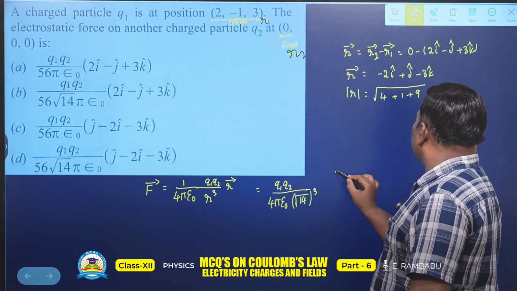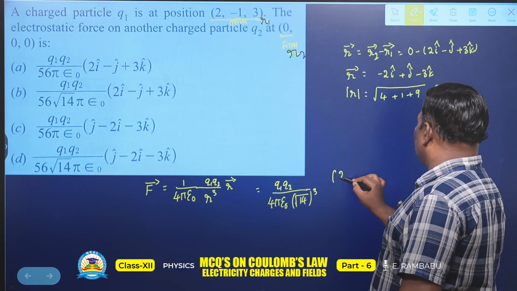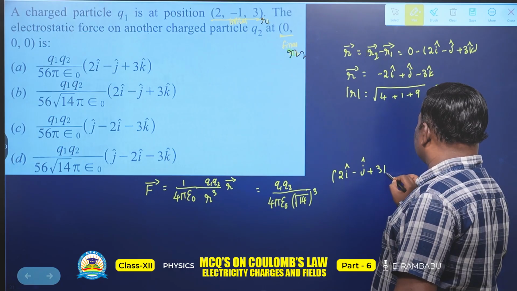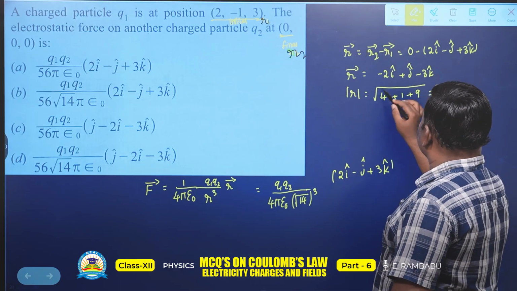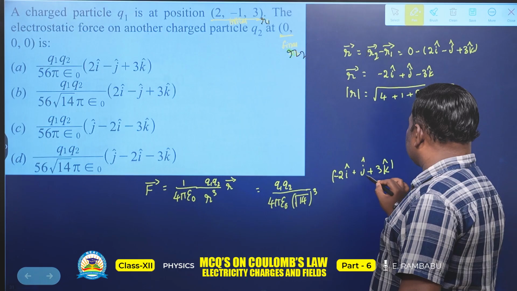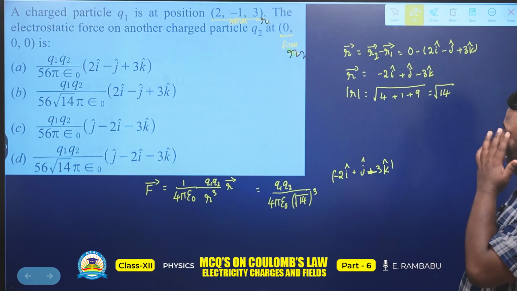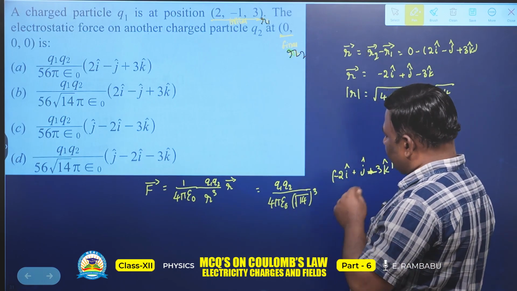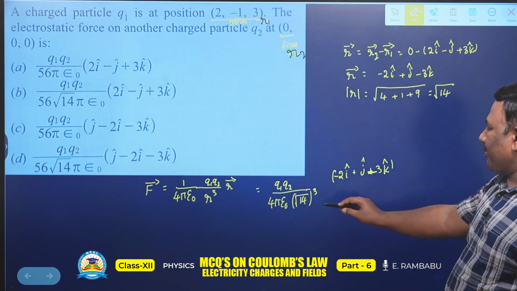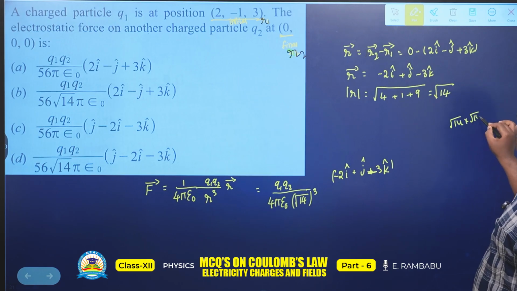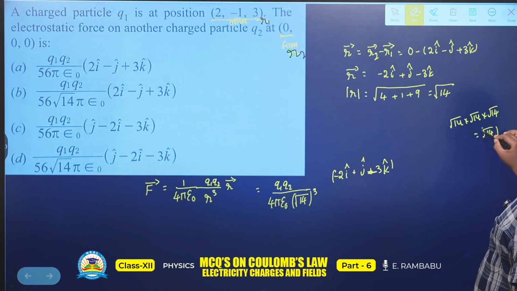R bar is nothing but minus 2 I cap plus J cap minus 3 K cap. And again here root 14 only is there. I am going to write it as root 14 into root 14 into root 14. That is nothing but root 14 whole cube.